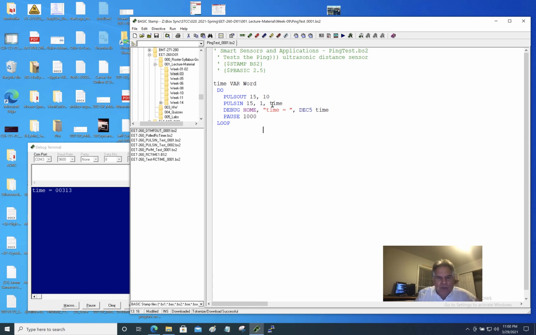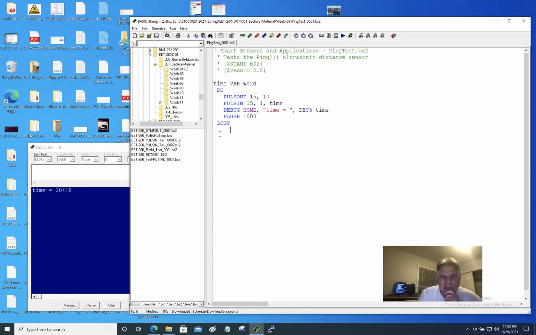We put that in a word variable called time, and then debug home, which just means clear the screen and go to the top left corner and print out time equals decimal 5 digits time, pause for a second and do it again. I think the one in the book had pause for 100 or something, so you can play with that and try it out.